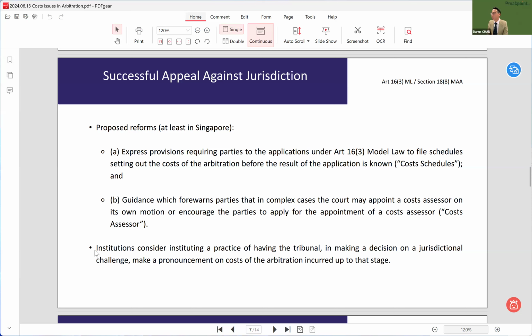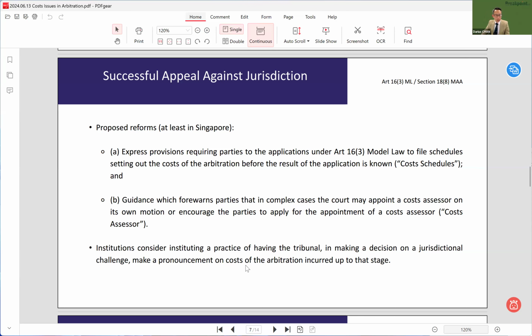Now, this suggestion, unfortunately, at least in my experience, has not been picked up by any of the major institutions. And the reason for this is the institutions have said that, look, once we constitute a tribunal, we let the tribunal run the proceedings, and we don't really want to interfere with how the tribunal would want to decide on the issue of jurisdiction and cost, etc.